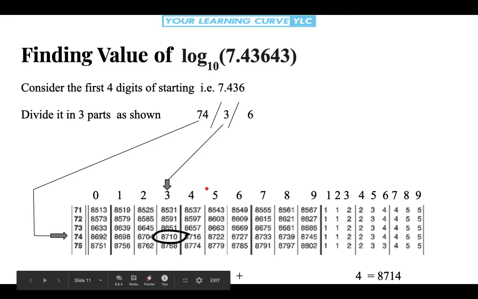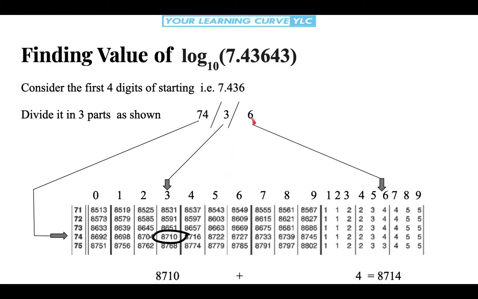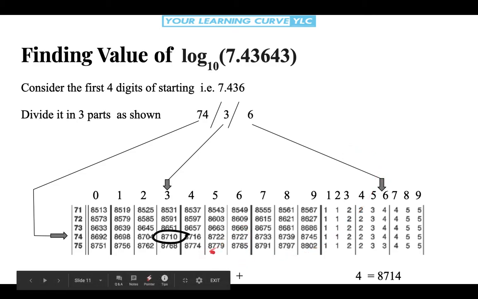You note it down. This is the main value of the logarithm. Then we look for the third number 6 in the mean difference. We have noted 8710 over here, and then in the same row for 6, you proceed and find the number corresponding to 6.